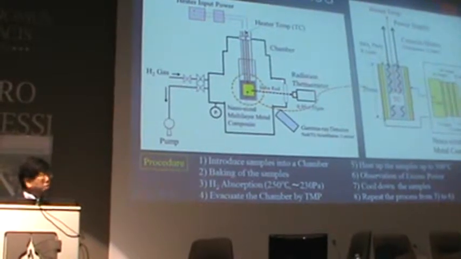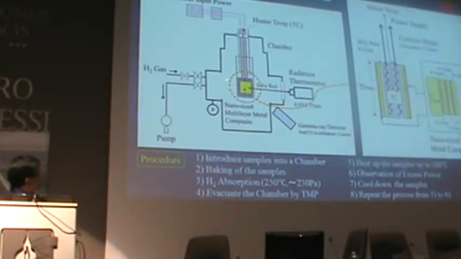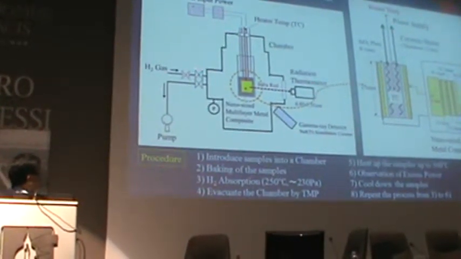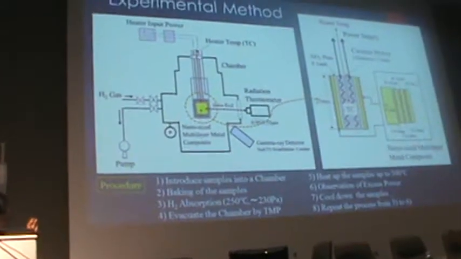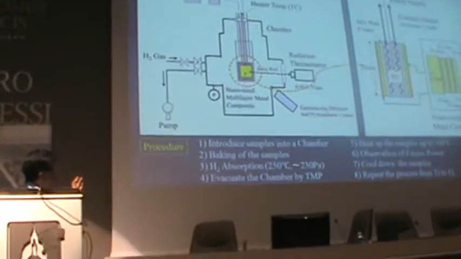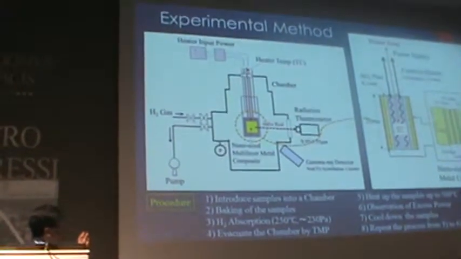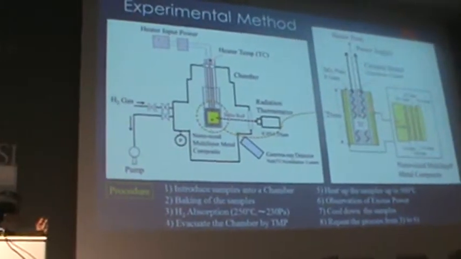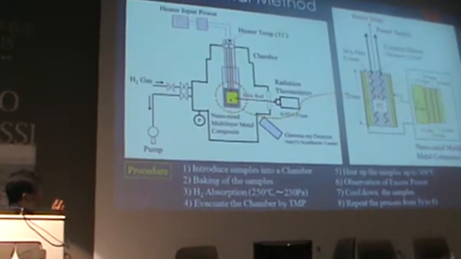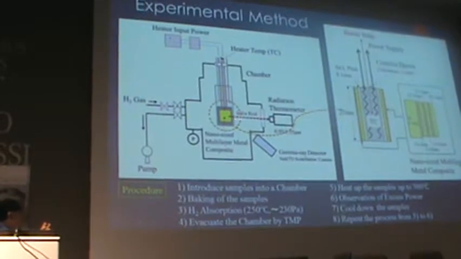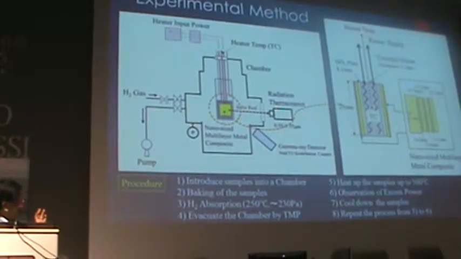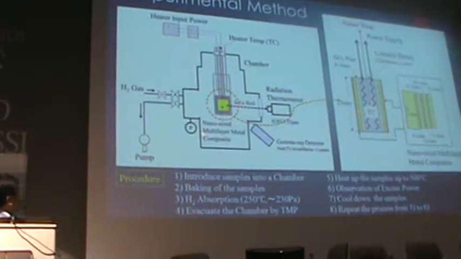And in the vacuum chamber, to estimate the temperature, we have thermocouples incorporated in the ceramic heater. And also, we measure the surface temperature by an infrared radiation thermometer like this.